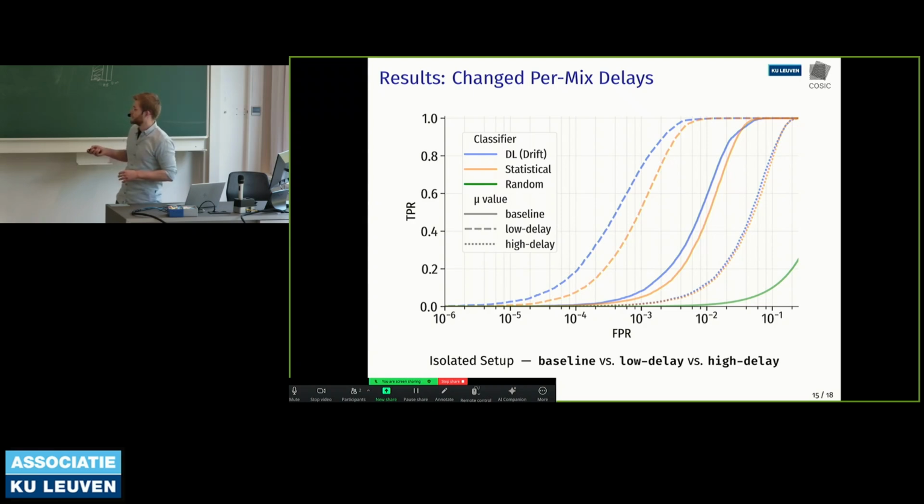If you look again at the false positive rate of 10 to the power of -2, for the low delay dataset, it's essentially again perfect classification, while for the high delay one it drops to 0.15, maybe, roughly, right? So there are quite significant gains or losses to be had if you change this parameter, yeah, quite a bit, right? Like you reduce it from 50 to 20, or you increase it from 50 to 200 per mix.